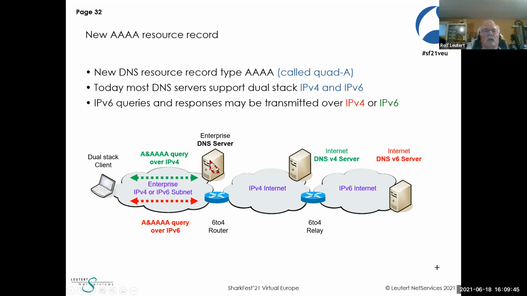It did not get an IPv6 DNS. It can still ask the DNS over IPv4 for IPv6 records, and then start a communication with IPv6. So these are independent parts.